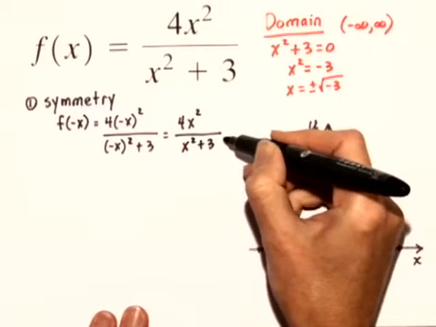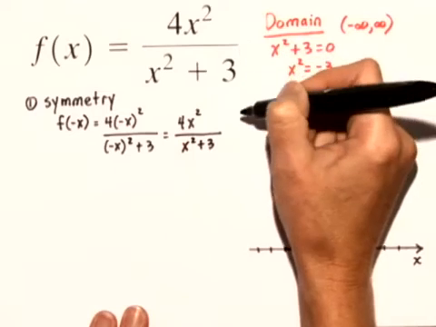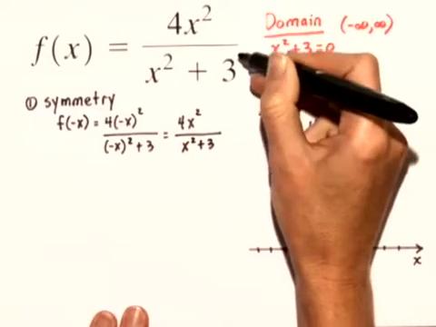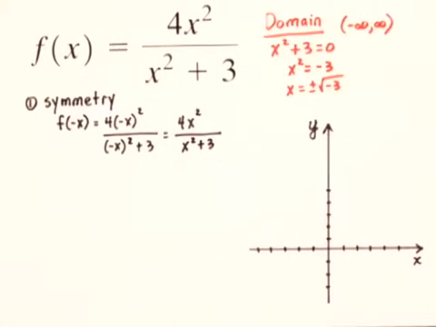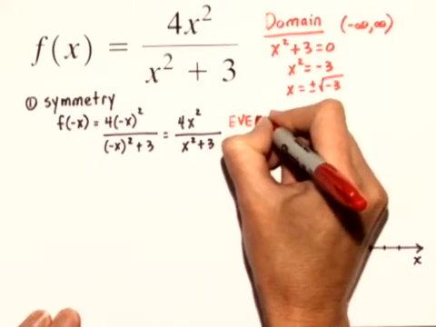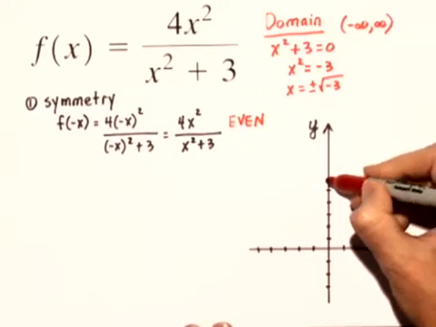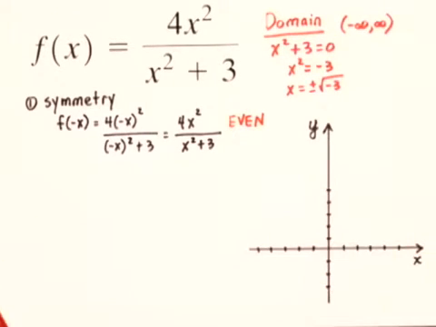Notice this is exactly the same as our original given function. So when f of negative x is equal to f of x, we can say that the function is even. This will help us in our graphing because all even functions are symmetric with respect to the y-axis.